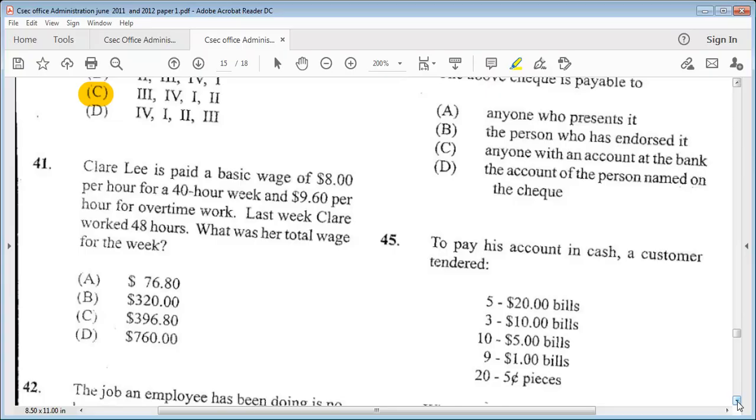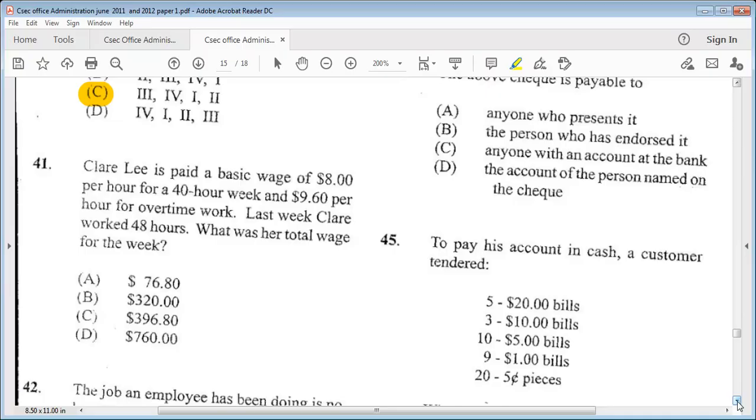So the 8 extra hours would be paid at the overtime rate. We multiply 8 by $9.60, and we get $76.80.